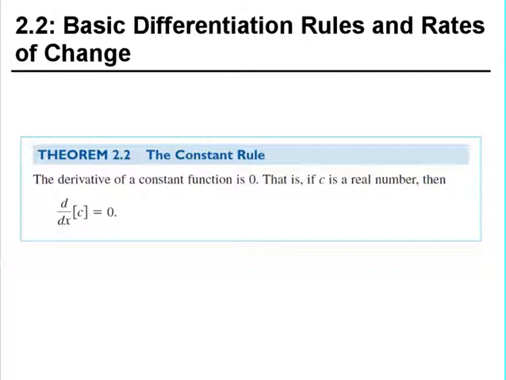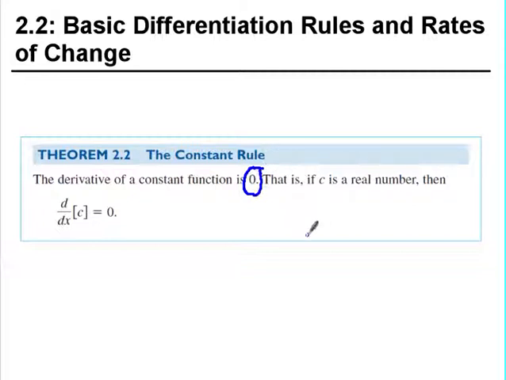So a derivative is the slope of the tangent line. You've got to get that down. That is one thing I'm probably going to ask you every day. Now real quick, the derivative of a constant function is 0.